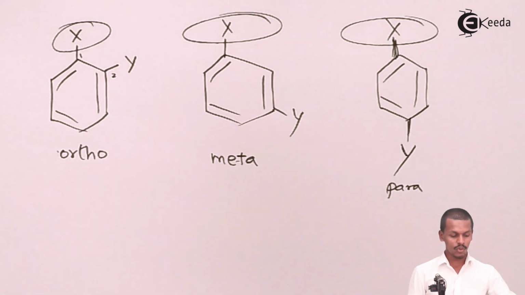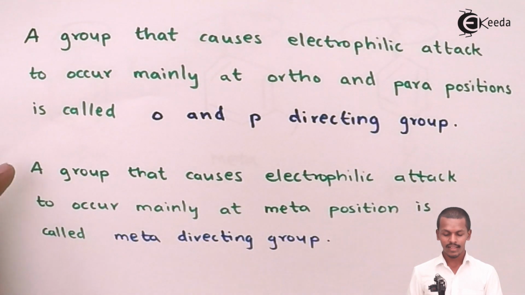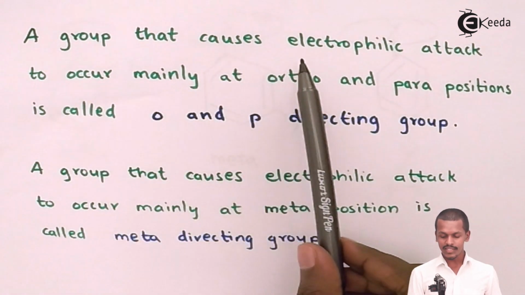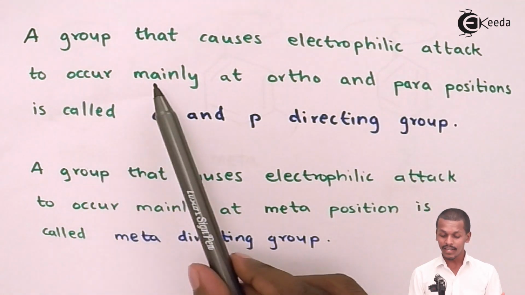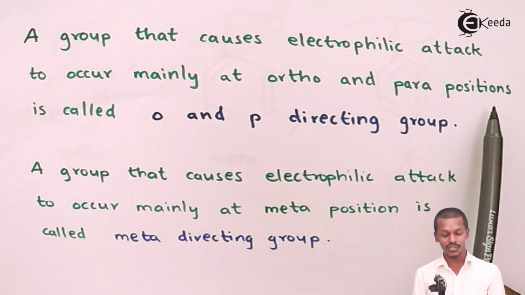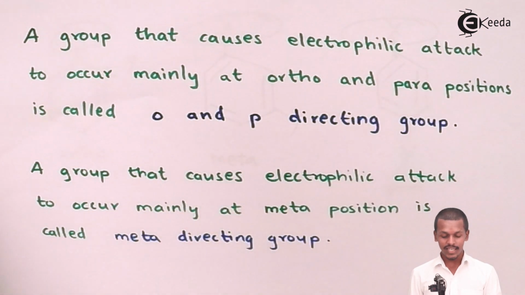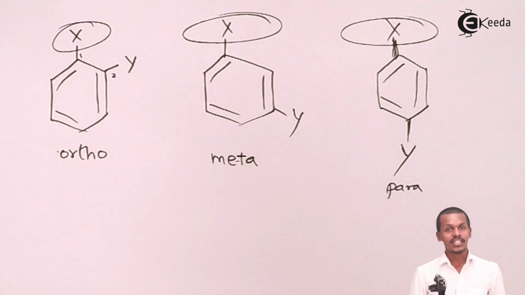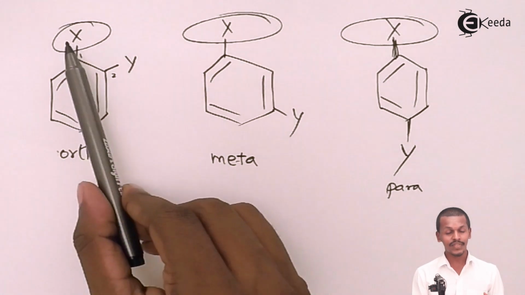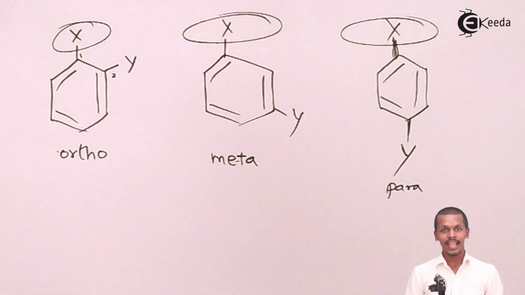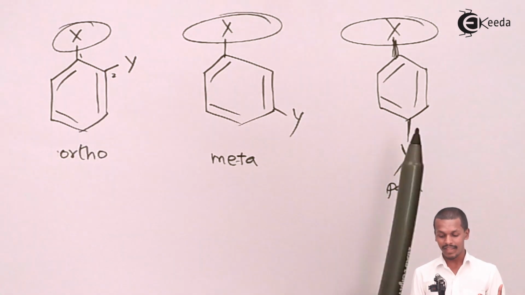For that we need to know another thing: a group that causes electrophilic attack to occur mainly at ortho and para positions is called an ortho and para directing group. Suppose electrophilic substitution has occurred because of this X present in the benzene, and after the reaction we see that the products formed are the ortho and para isomers.